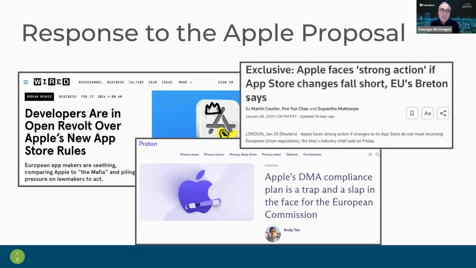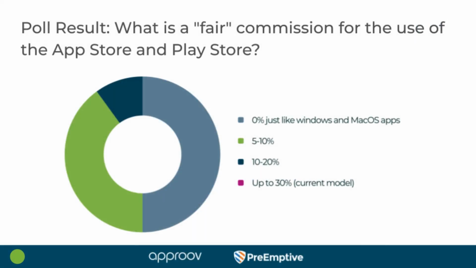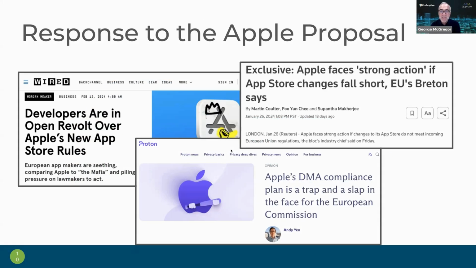The choices are 0, which is the case in the Mac environment or in the desktop environment, 5 to 10%, or the current model, 20 to 30%. You can take your pick here. It doesn't look like anybody's very happy with the current model, is the conclusion.